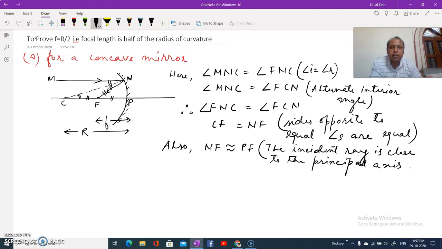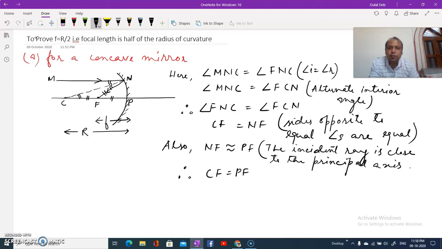So here NF is equal to PF, and earlier in the equation it is written as CF is equal to NF, so therefore we can write CF is equal to PF.